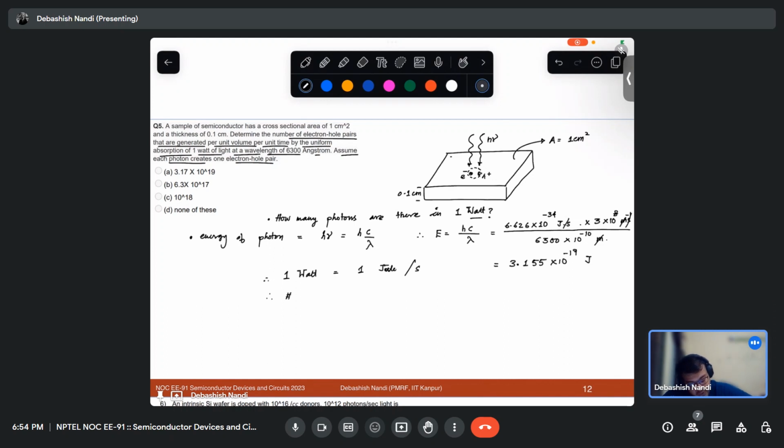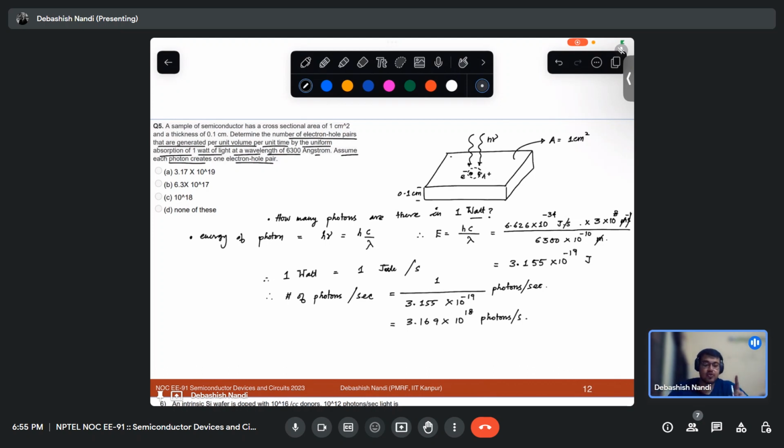So number of photons per second would be how much? 1 over this, 10 raised to 19 photons per second. So 1 over answer would be your 3.169 into 10 raised to 18 photons per second.